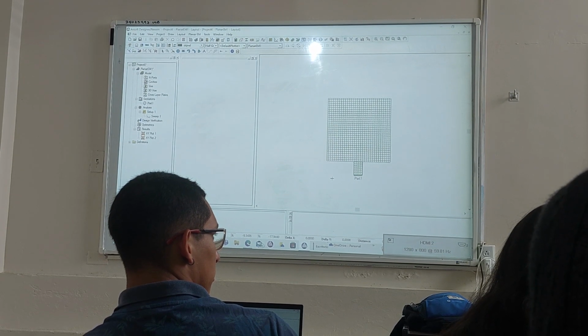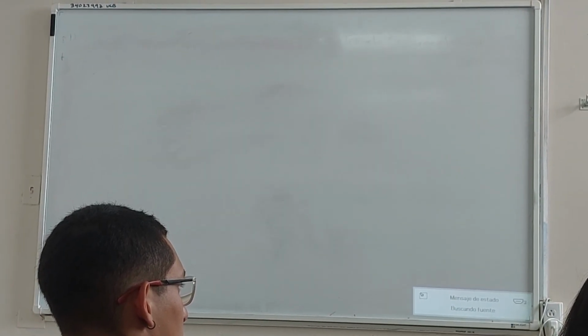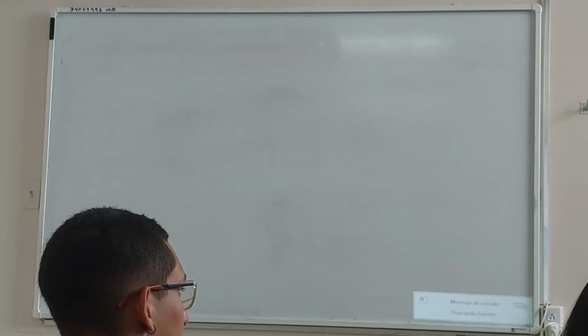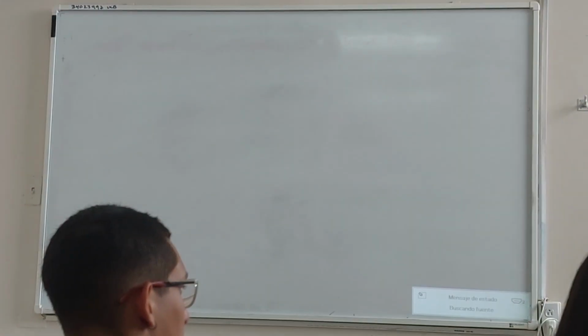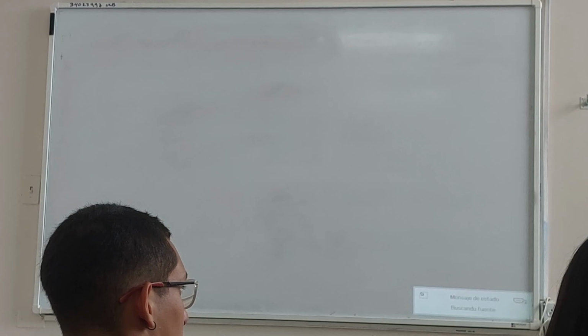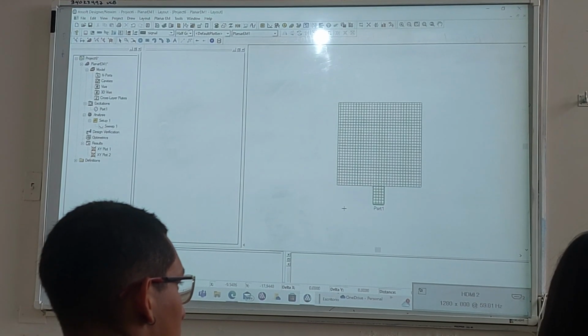Once the structure gave good results, I mean the impedance was 50 ohms and the reflection coefficient was lower than minus 30 dB, we say that the result is nice and good. Once we have that result, we eliminate this port and we go to the next step.